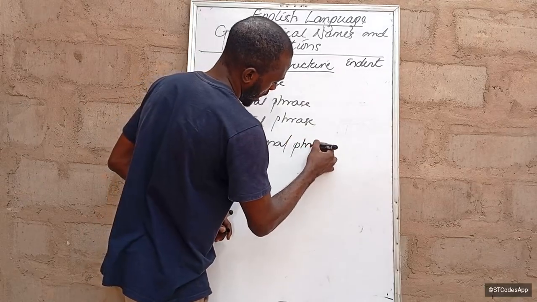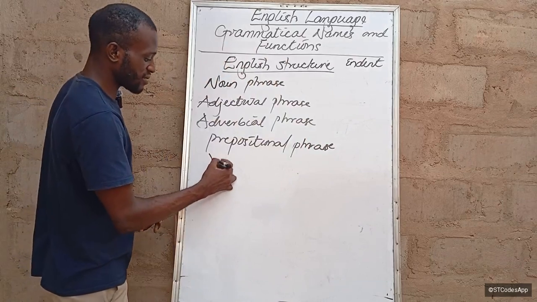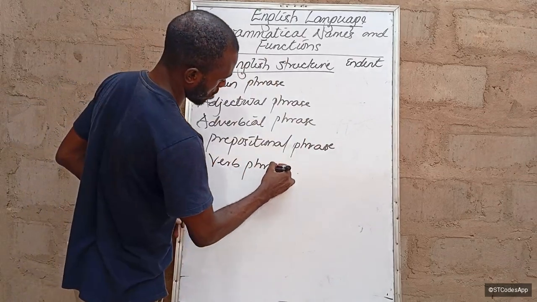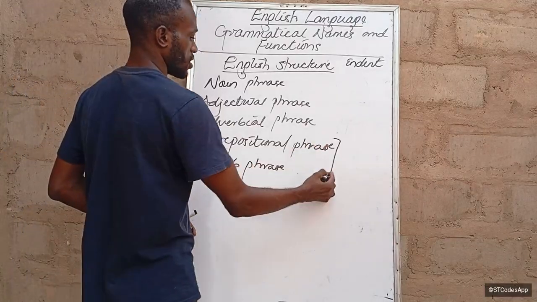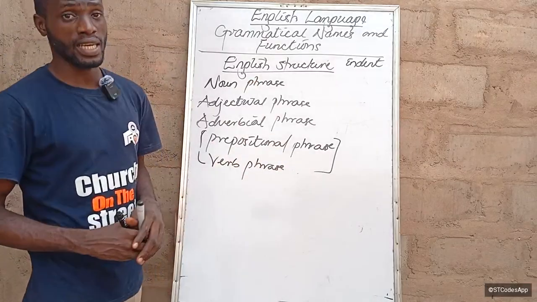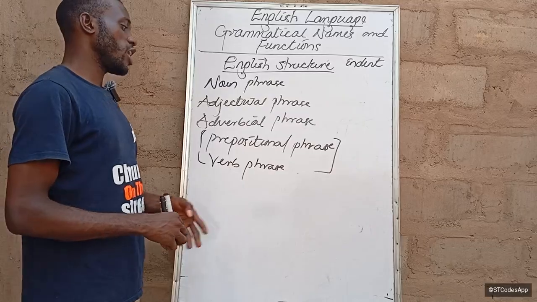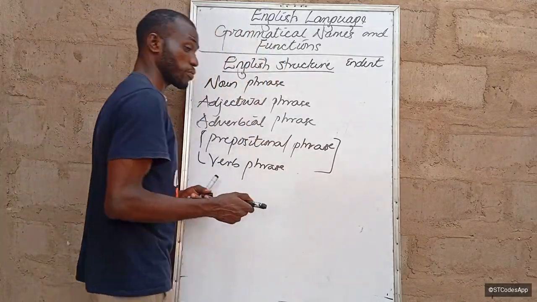Now listen, the other 2 that might be added are prepositional phrase and verb phrase. I just quickly want to demystify something for you. The reason why we abolish these 2 in systemic English is that we don't necessarily count them as types of phrases again, because a prepositional phrase is a verb and a preposition.